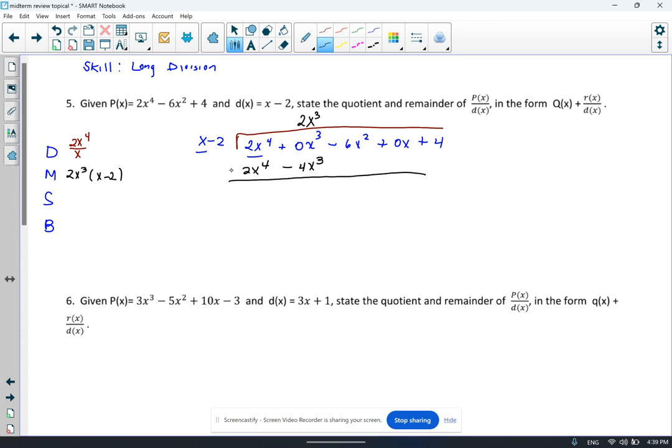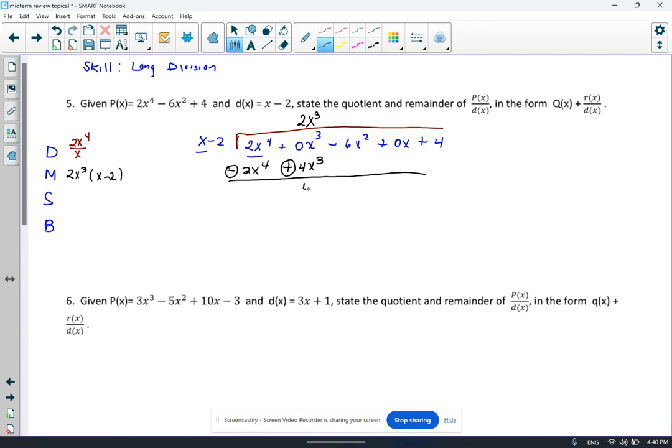You then subtract, but when you're subtracting, you're actually changing the sign. So you subtract the 2x to the fourth, and then negative, negative, you add a 4x cubed. Make sure to circle the signs so you know you've already changed them.